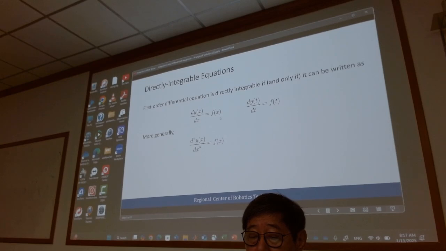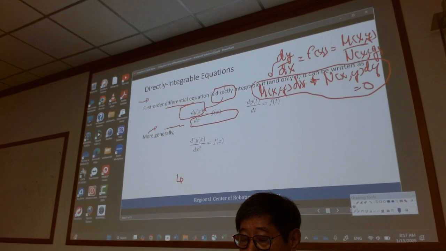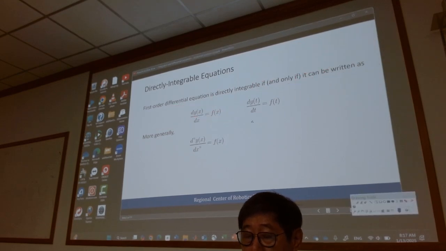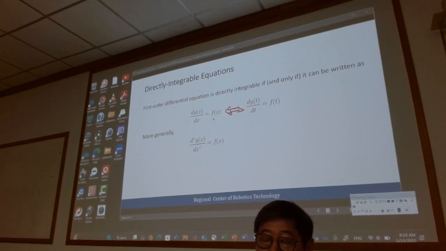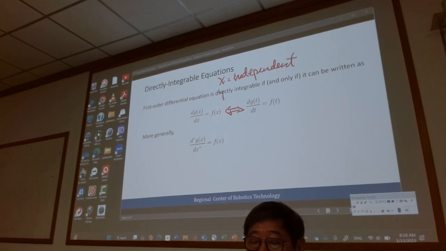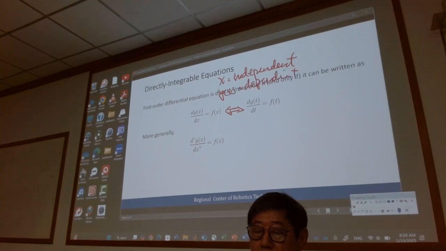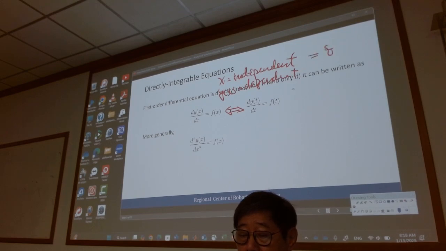For example, if you have this one, and previously, in dynamics, x is normally t. For the general form, x is the independent variable in this case, and y of x is the dependent variable, similar to t and y of t.